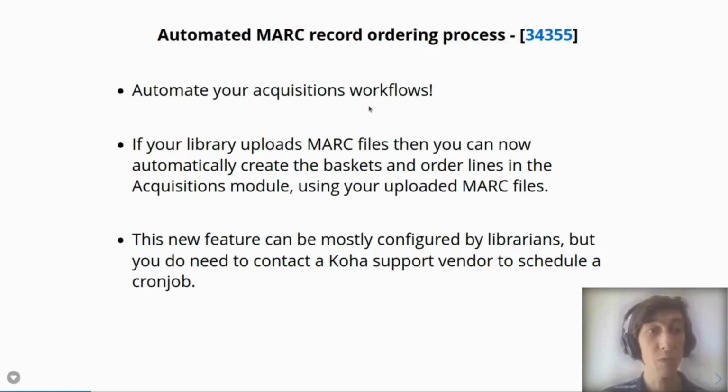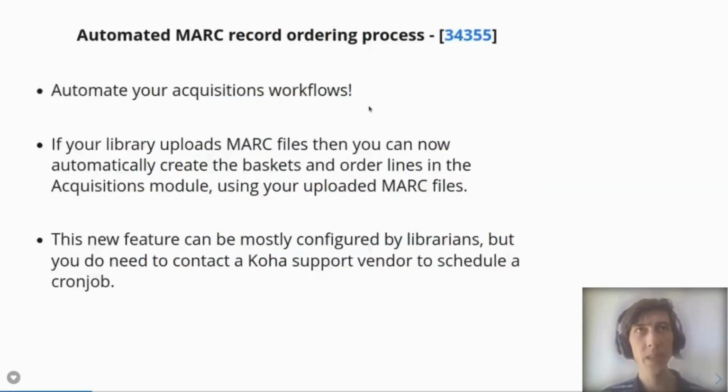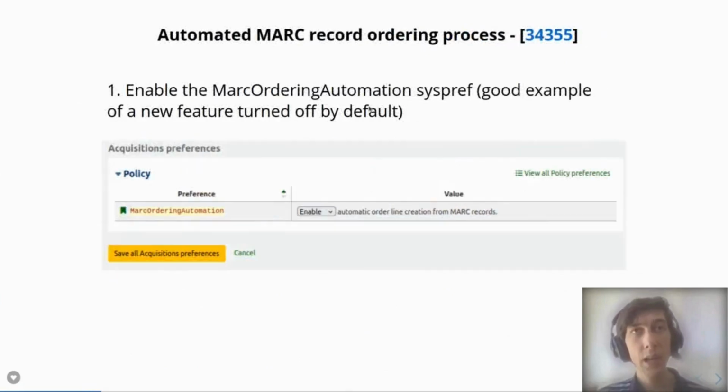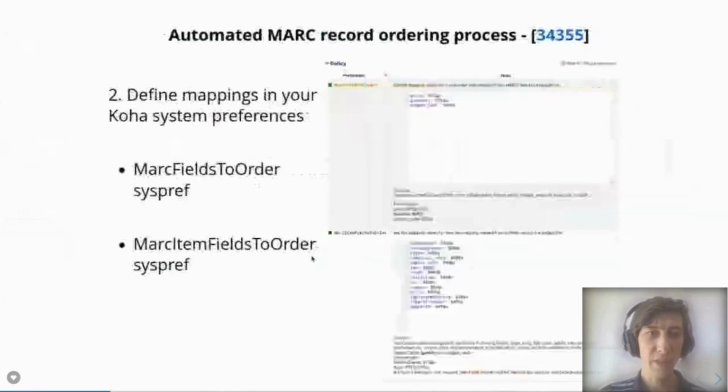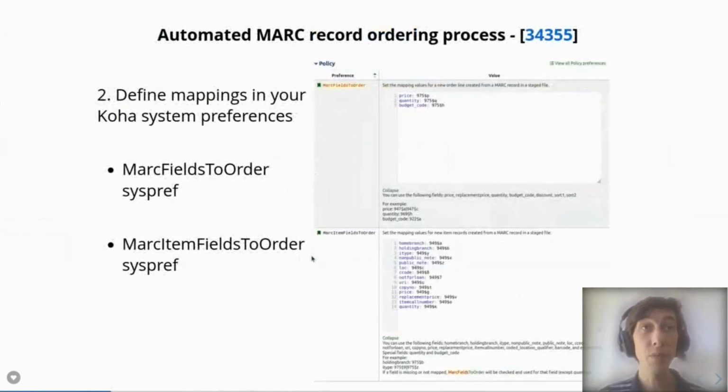So with this enhancement, this system preference is what I'm talking about, in that in order to use this enhancement, you have to enable the MARC ordering automation system preference. By default, it's disabled. You want to enable that. Once you've done that, you need to define some mappings in some system preferences.